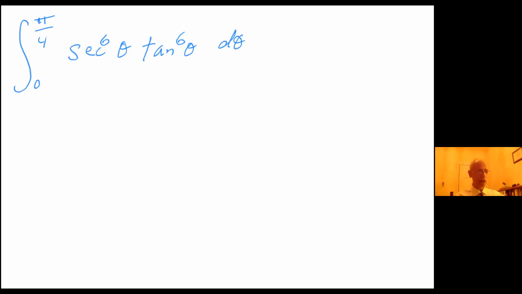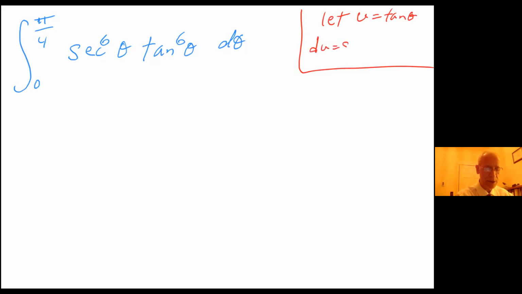So notice that both of them have the same power. Looking at this, I'm thinking that I would like my u to be tangent. Why is that? Because if I let u equal tangent of theta, then I know that du equals secant squared of theta d theta, and that's very helpful.